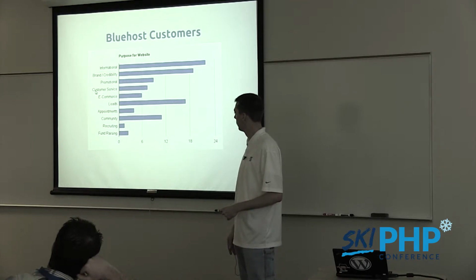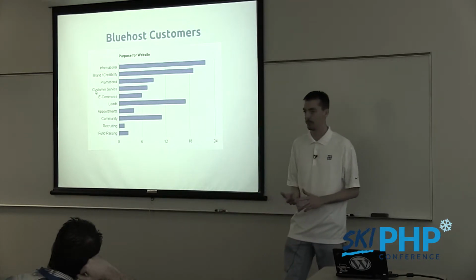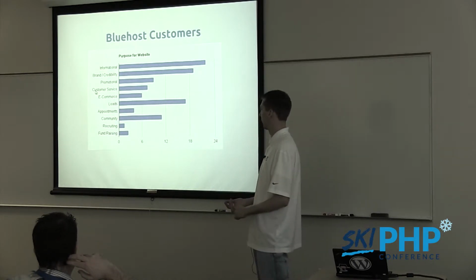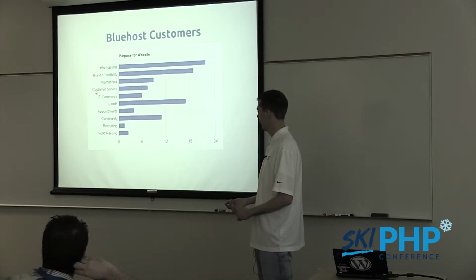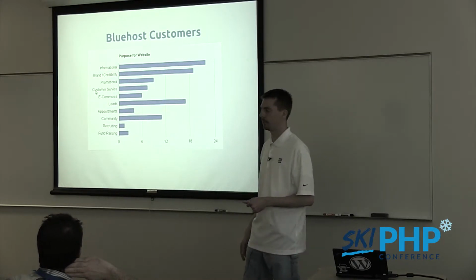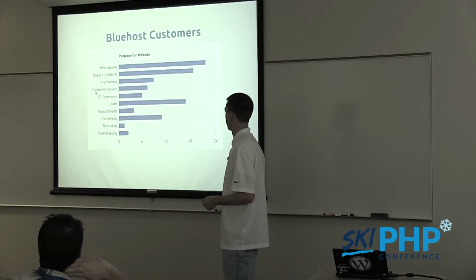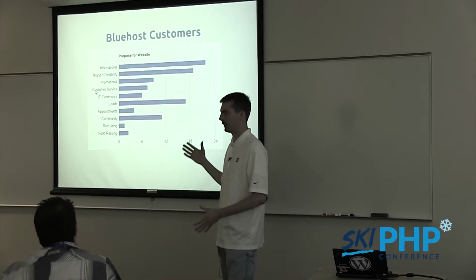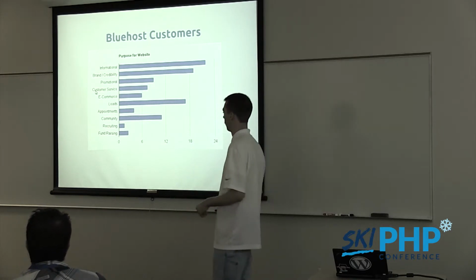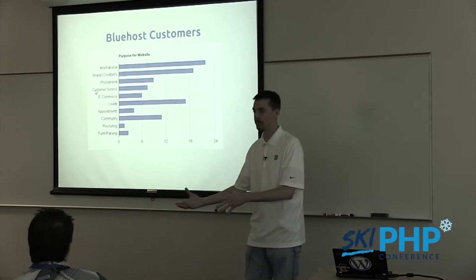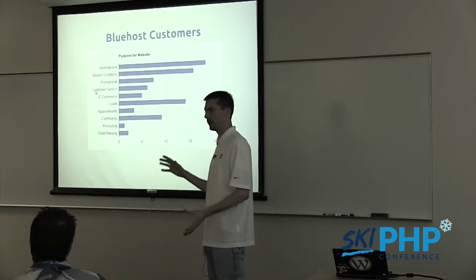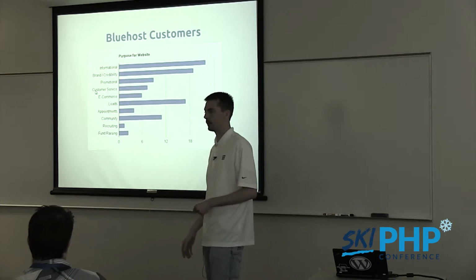Our next highest reason was brand and credibility, which is still informational websites for the most part. And maybe credibility leads to there was some extra functionality on the site. But we do tend to find that the total for informational, in the category of informational websites that aren't selling something or taking donations or doing some kind of e-commerce, it lands somewhere around like 50% of websites that we host.